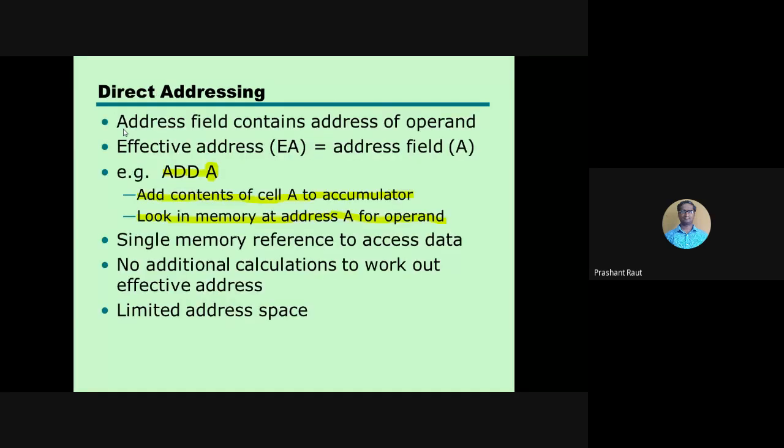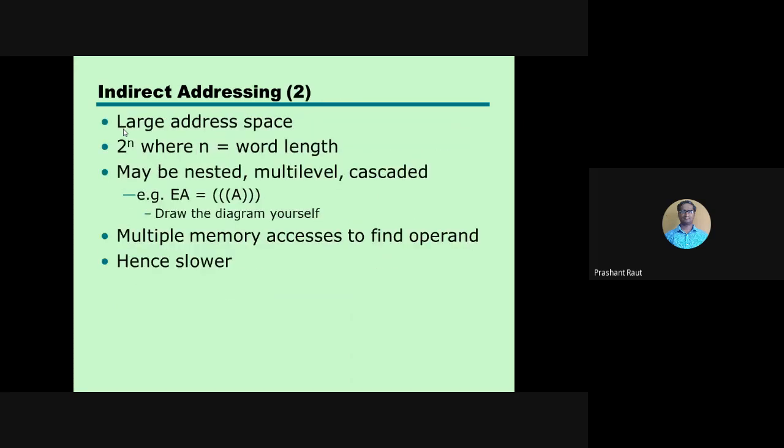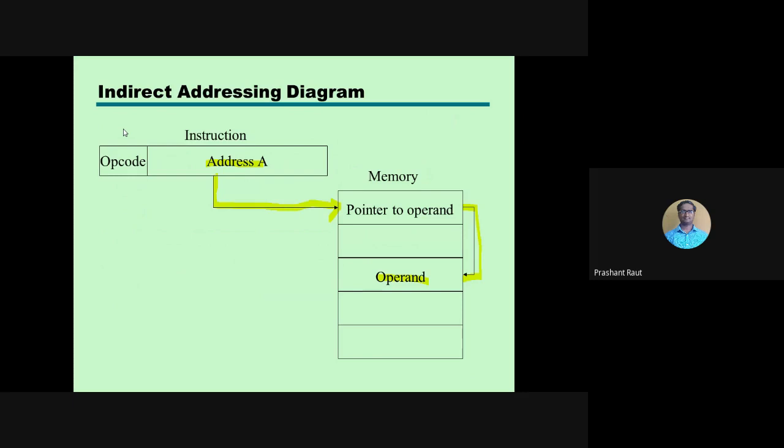In case of direct, the address field contains the address of the operand. In case of indirect, the address field A contains the pointer to the operand.